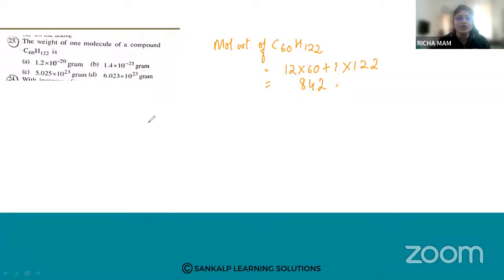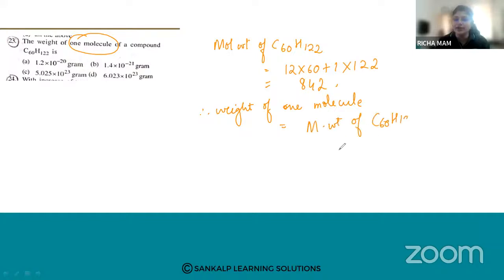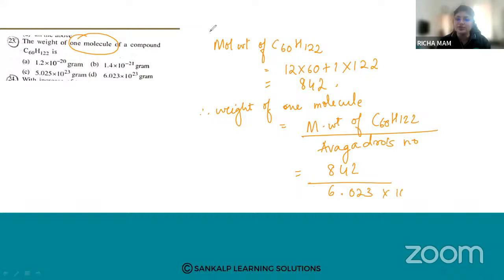Now what we have to find is one molecule of a compound, right? Therefore, the weight of one molecule is the molecular weight of C60H122 divided by Avogadro's number, 6.023 into 10 raised to 23.